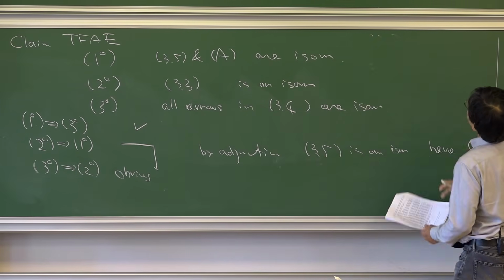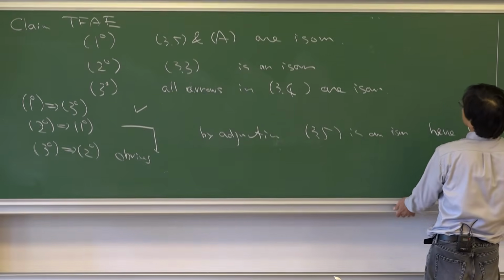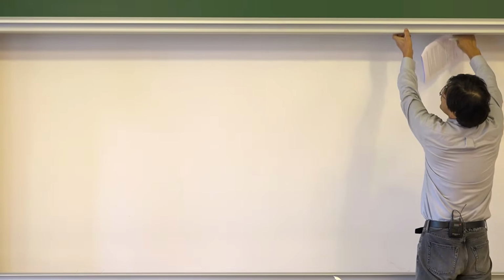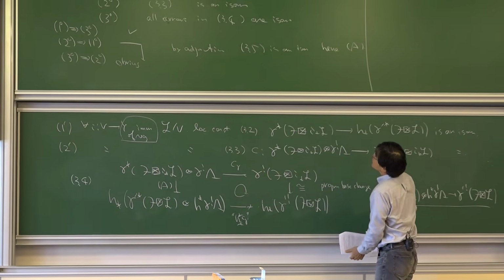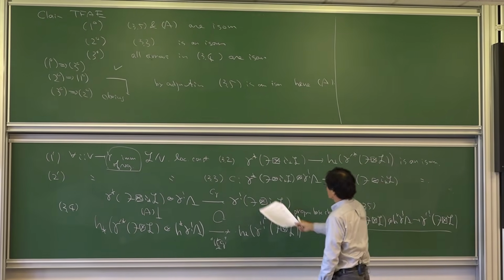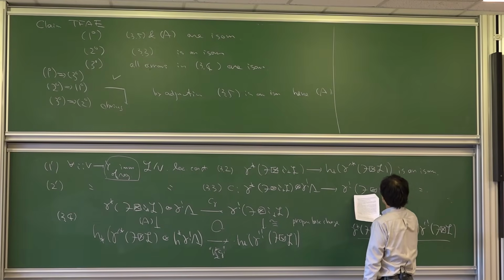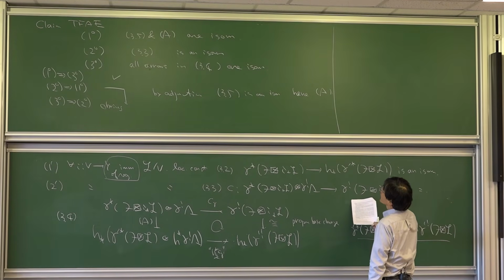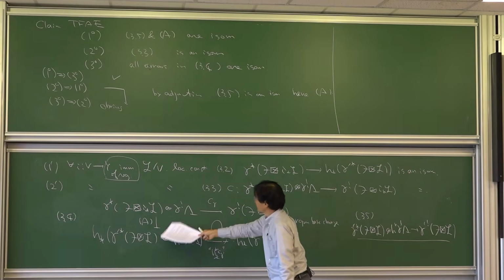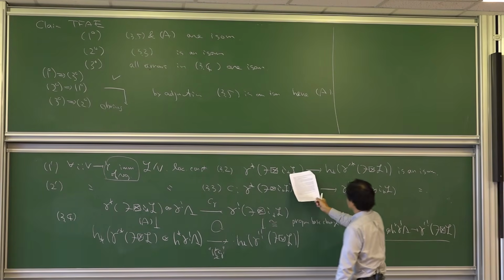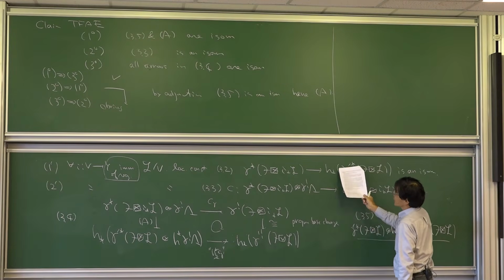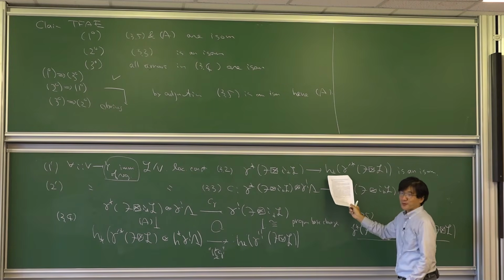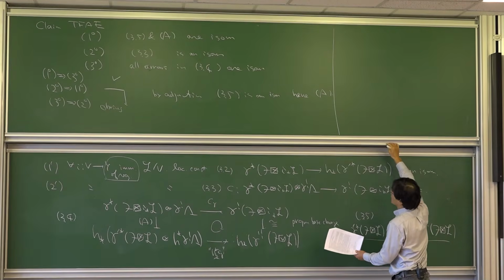So 2 says that 3.3 is an isomorphism. Then this A is an isomorphism, and A being an isomorphism means this is an isomorphism. So this already shows that 2 prime implies 1 prime.